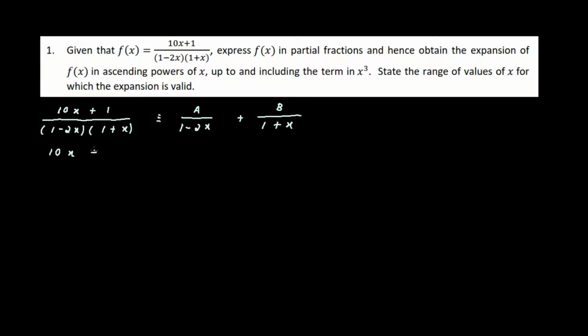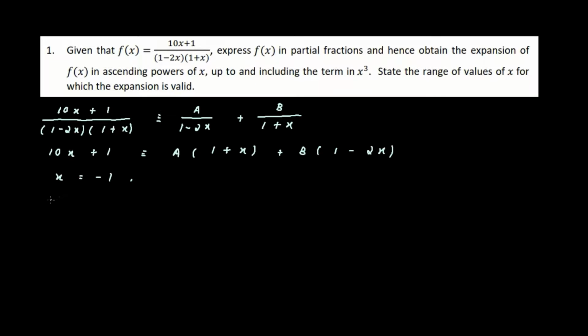Then 10x plus 1 will be identical to A times (1 plus x) plus B times (1 minus 2x). Since this is the part that you already know how to do, I'm not going to do it very slowly, so that we can save some time. x equals negative 1.